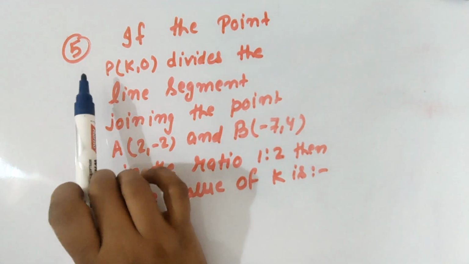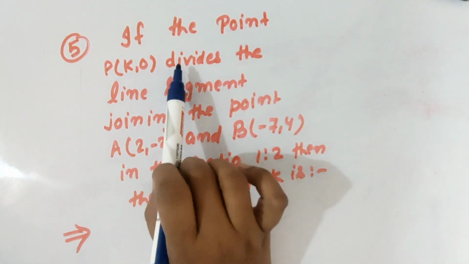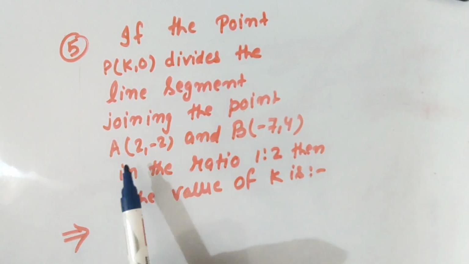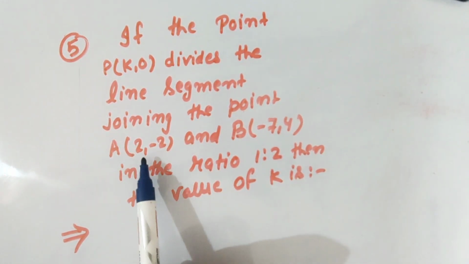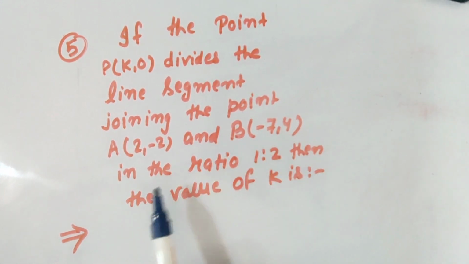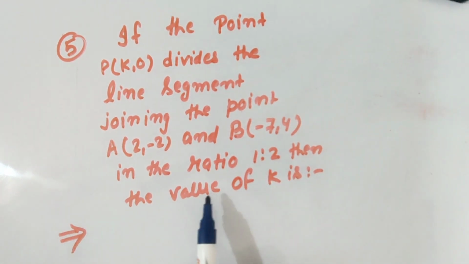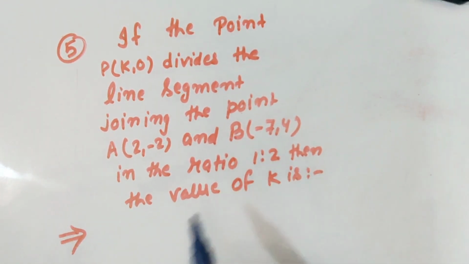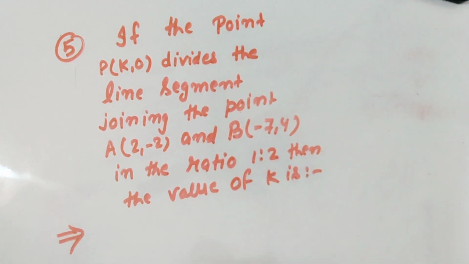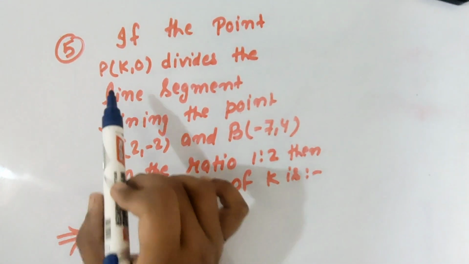Question number 5. If the point P(k, 0) divides the line segment joining the points A(2, -2) and B(-7, 4) in the ratio 1:2, then find the value of k.